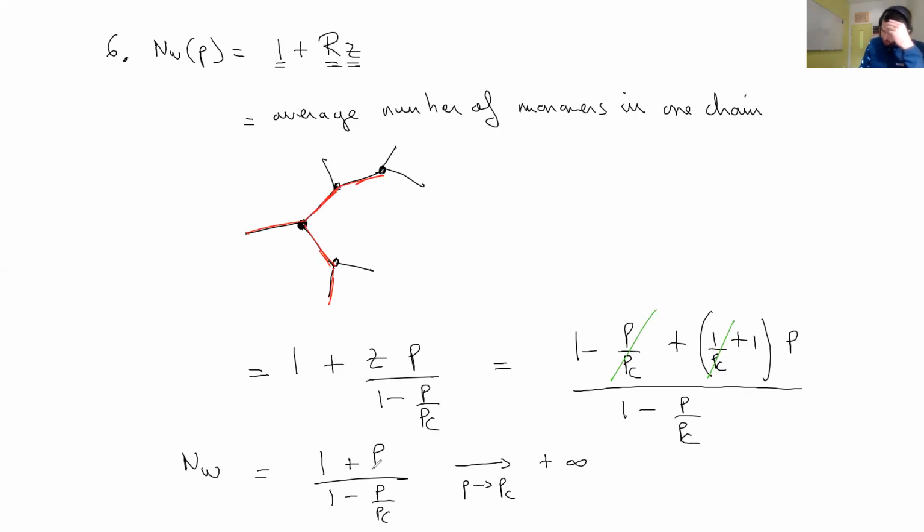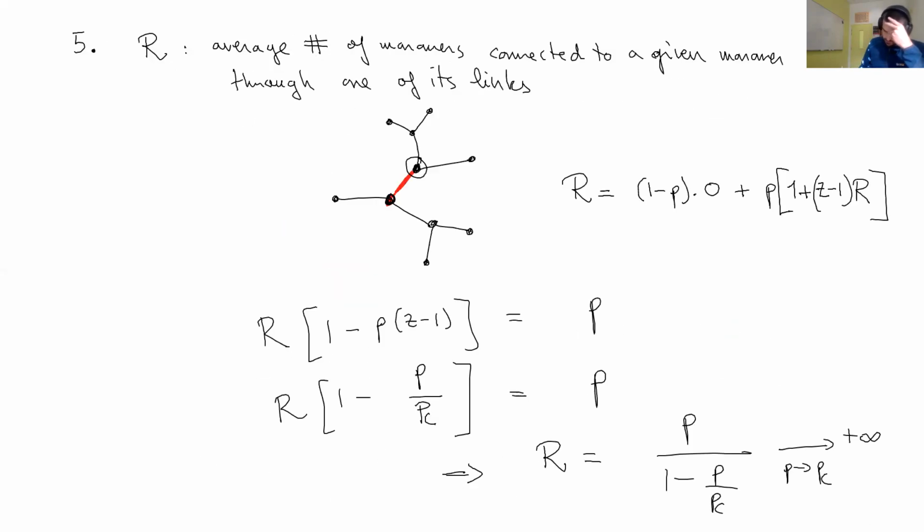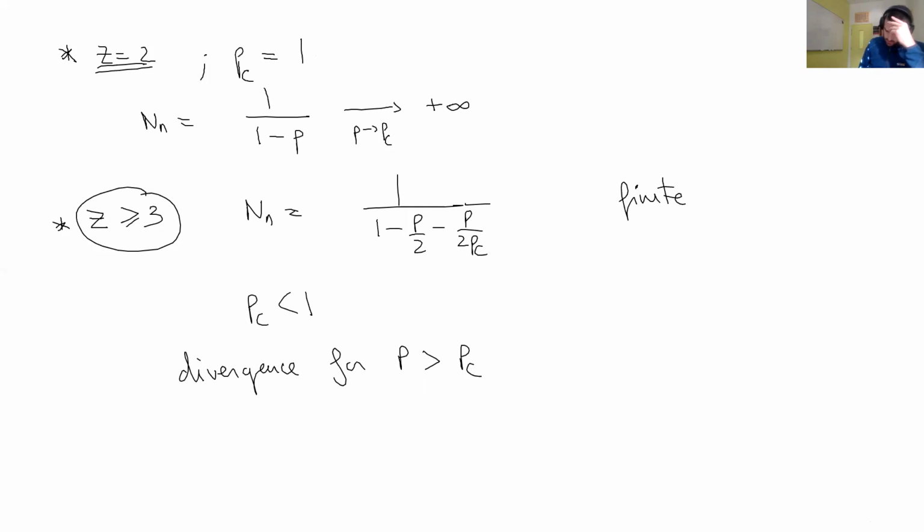Remember the polydispersity rho, careful with my notations between rho and P, it's been bad, is this guy. NW of P divided by NN of P as we defined it previously. That's the polydispersity. And so if I use the previous expression, it's 1 plus P over 1 minus P over PC. That's this part. And NN, where do we have it as a general expression? This is 1 over 1 minus P over 2.